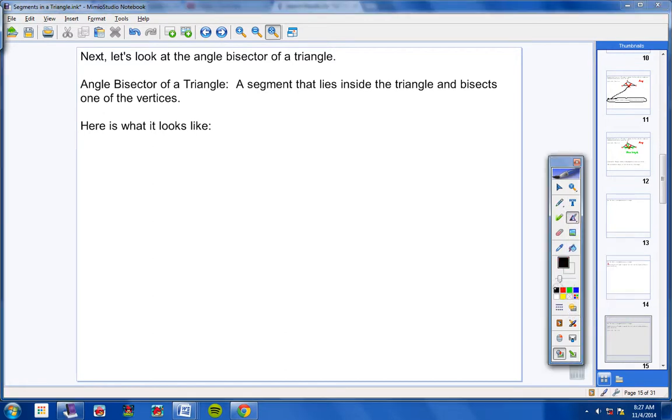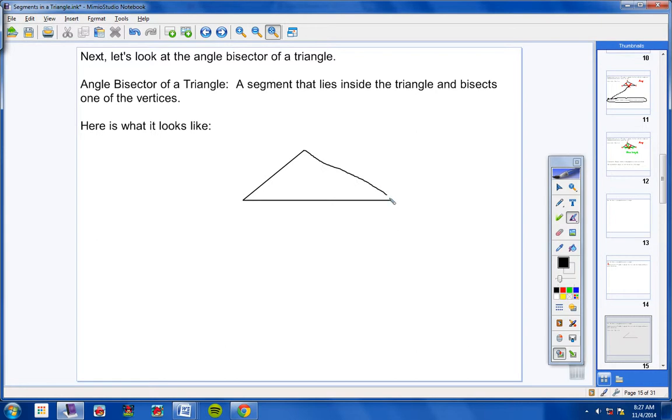Copy this down. Take some good notes and try to draw your angle bisectors accurately so that you can see where they intersect later, okay?